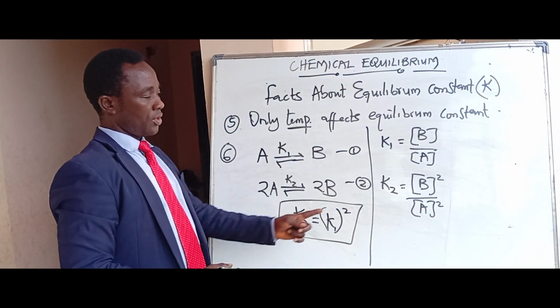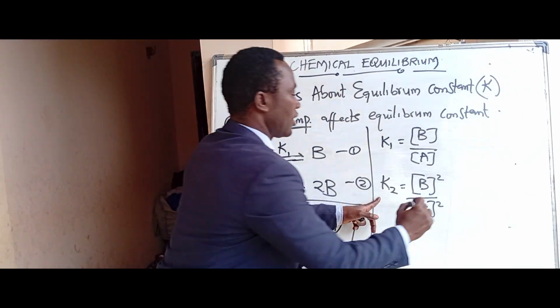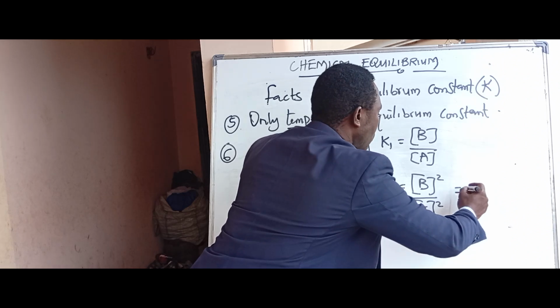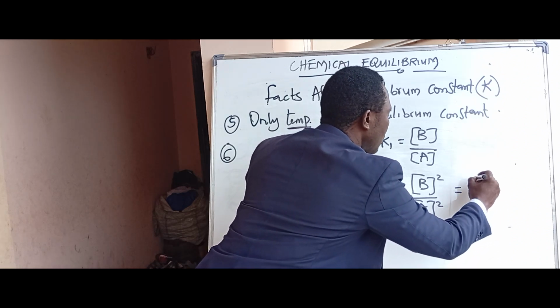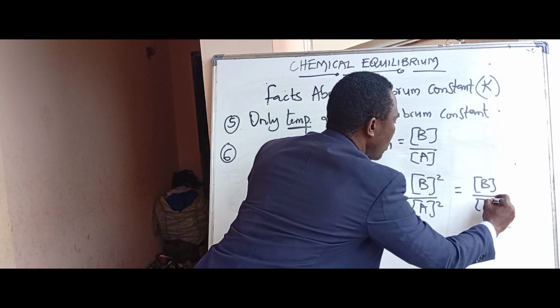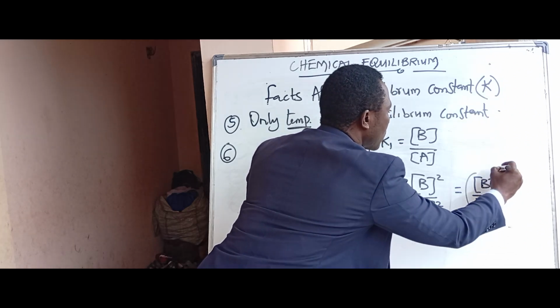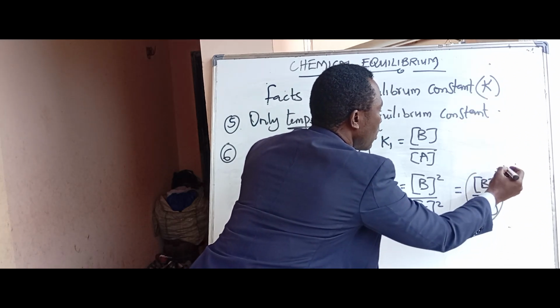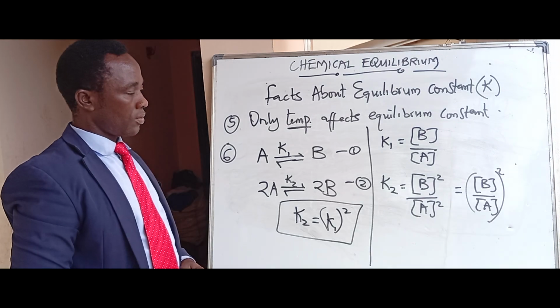What does it mean? It simply means that K2 is actually equal to concentration of B over concentration of A, all raised to power 2.